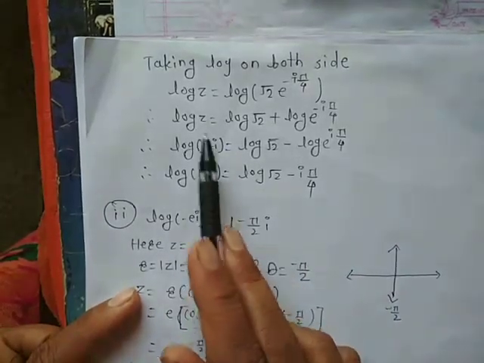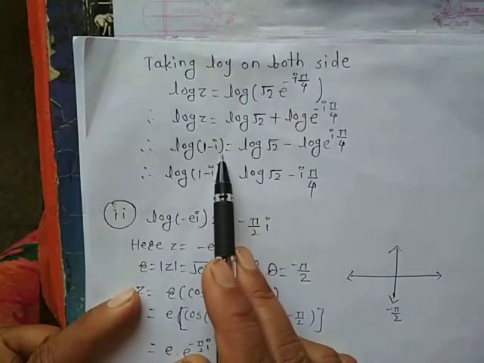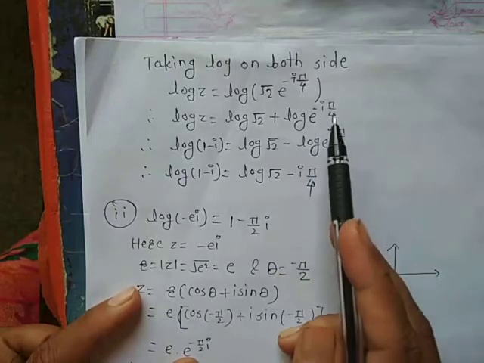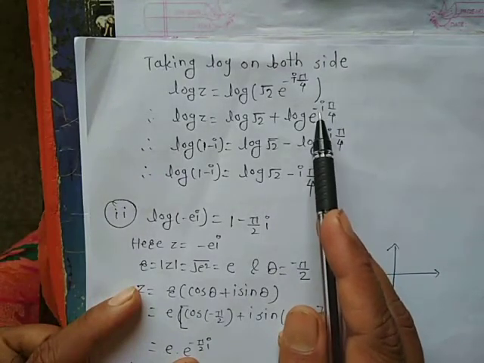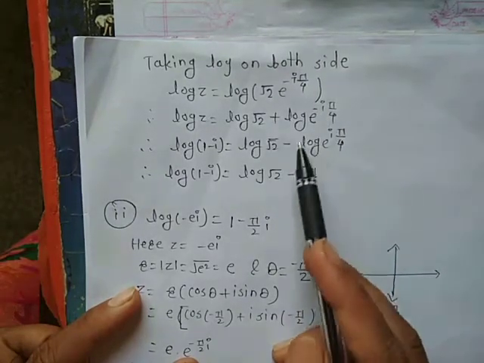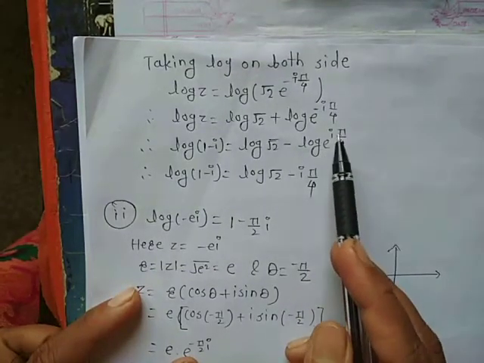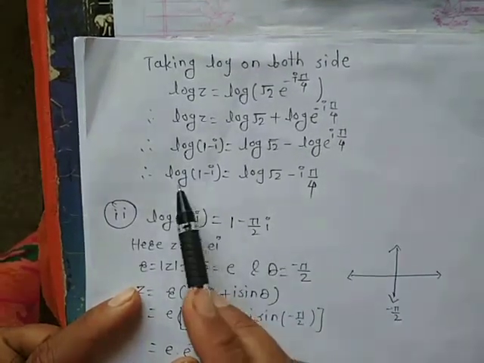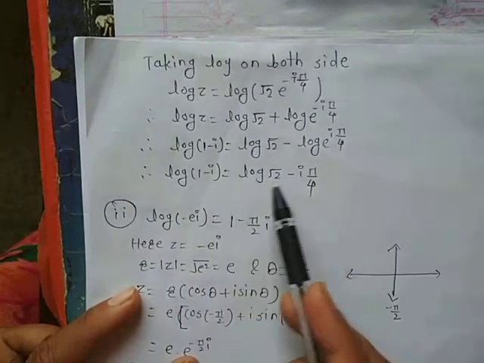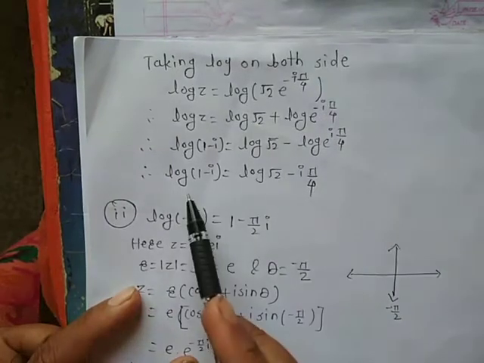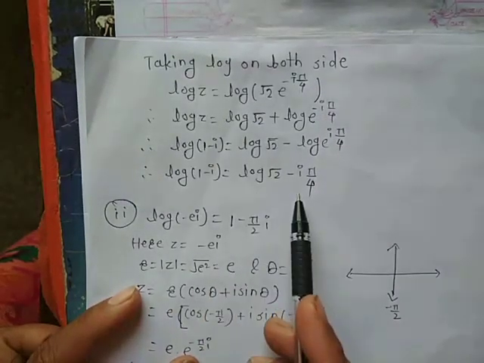Here z is 1 minus i, so log of 1 minus i is equal to log of under root of 2, by using the law of logarithm, minus i pi by 4. So log of 1 minus i is equal to log of under root of 2 minus i pi by 4. Means we get LHS is equal to RHS.